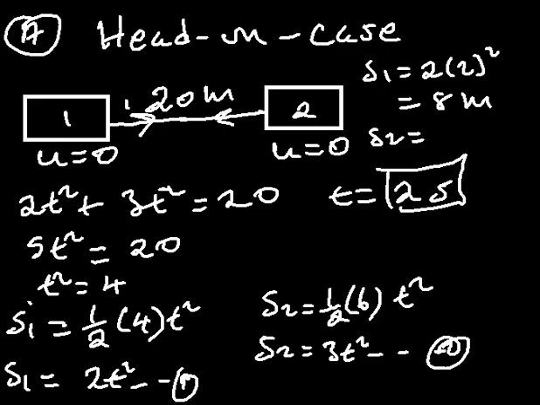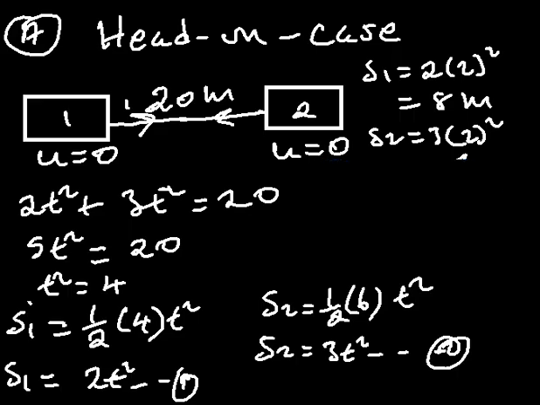Likewise, object 2 has to travel 3 times 2 to the power 2, which gives S2 as 12 meters. So it is true that object 2 has to travel much farther than object 1, because it has the larger acceleration.